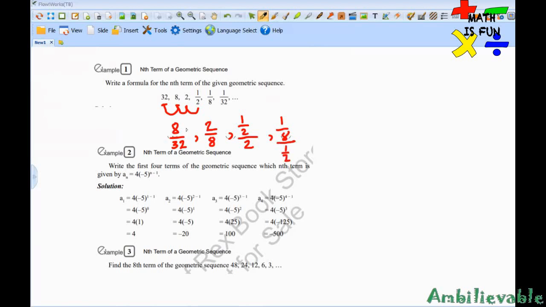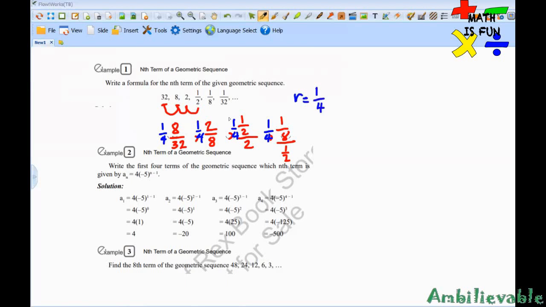So here, the value will become 1 over 4. Here, 2 over 8 is also 1 over 4. This is also 1 over 4. So therefore, the r is 1 over 4.